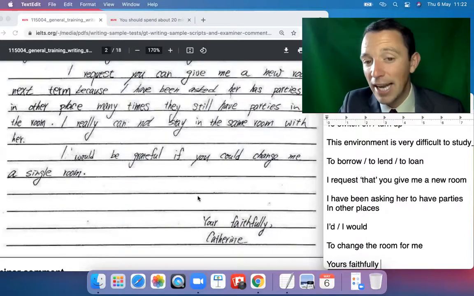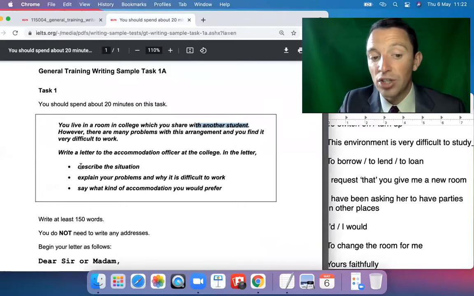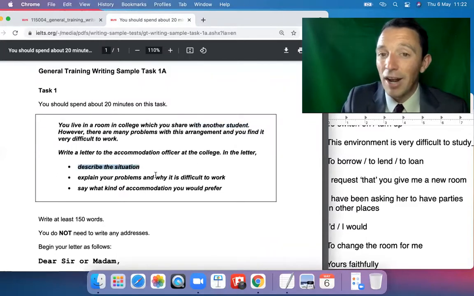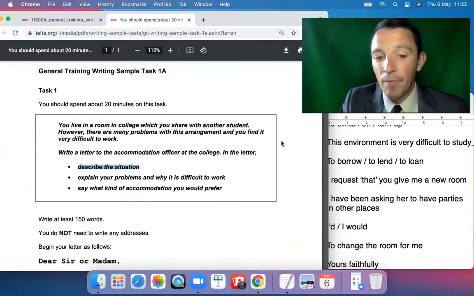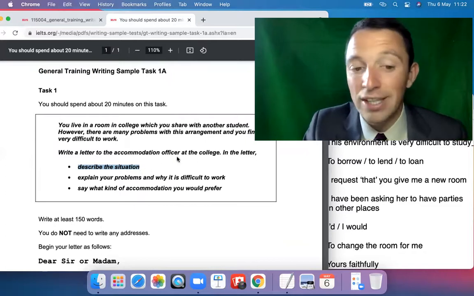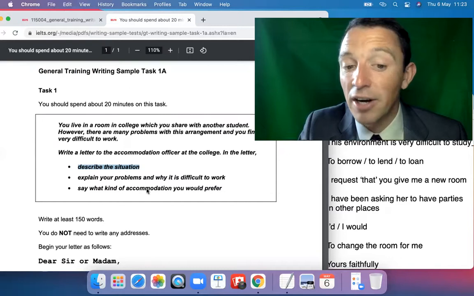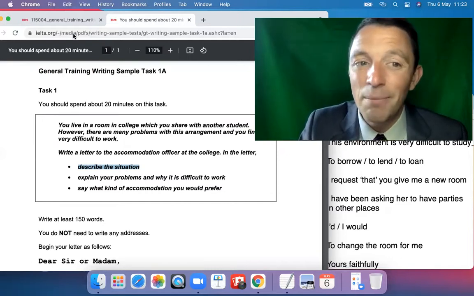Okay, so an interesting letter, just to check the question again. So here's the full question. Describe the situation. I think more or less this student, yes, described the situation. Explain your problems and why it is difficult to work. Probably yes, I think the student did explain her problem and why it is difficult to work. Say what kind of accommodation you would prefer. I think probably not.